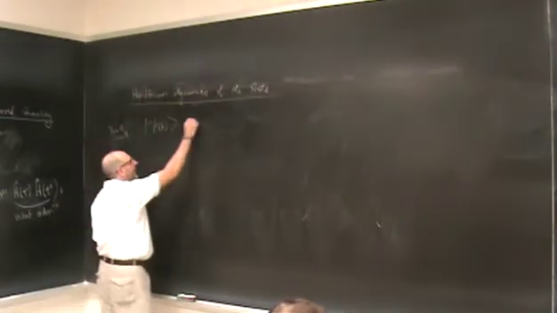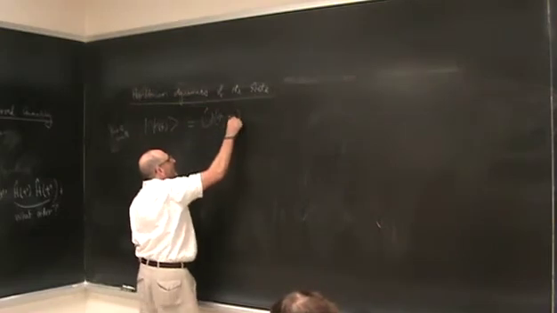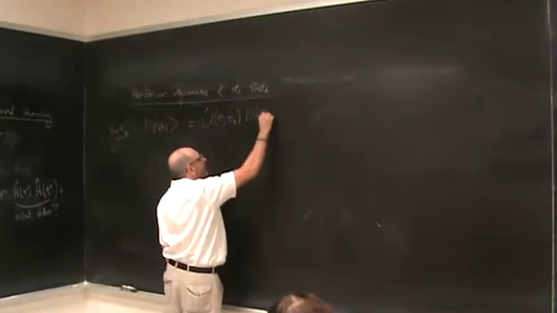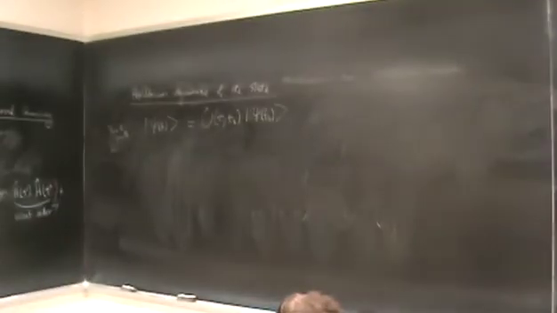We can think about that as the propagation from time t0 to t. That's what the time evolution operator does. It takes you from time t0 to time t. Okay?